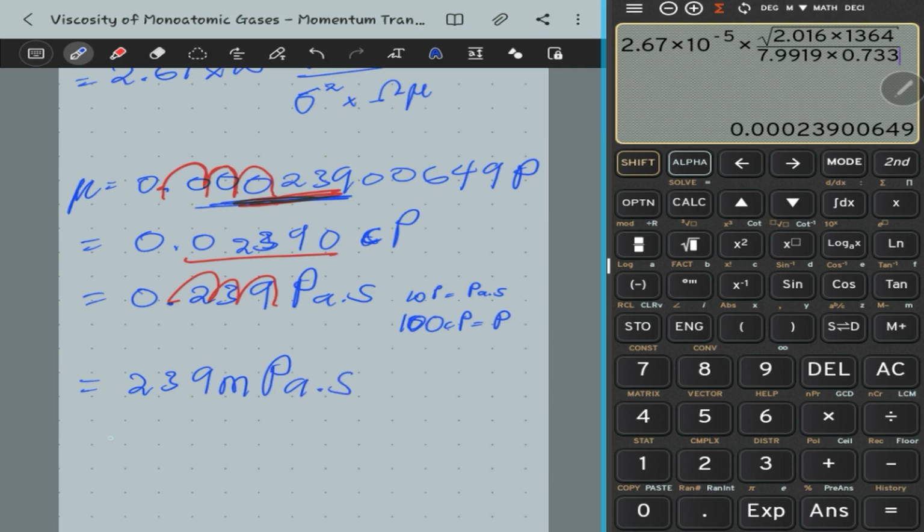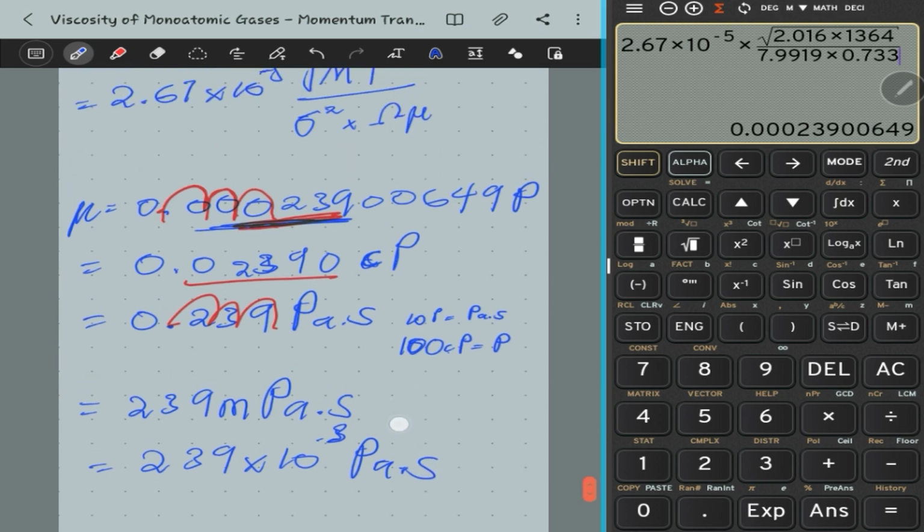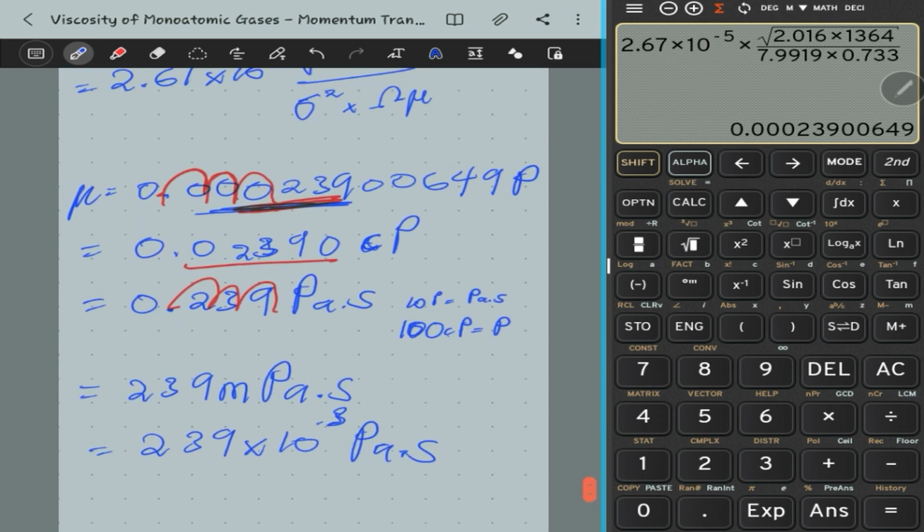It depends, right? Which is the same as 2.39 times 10 to the power minus 3 Pascal-second. So it depends on the unit that you are asked to find it in. So this is what we have. All right, that's it.